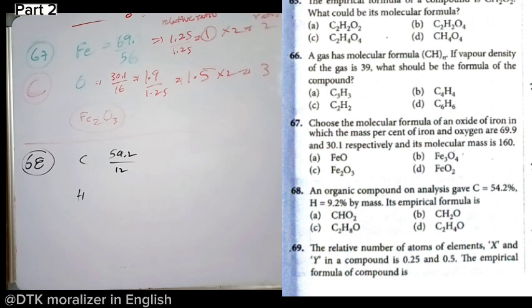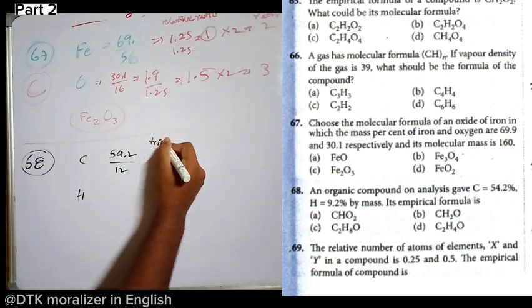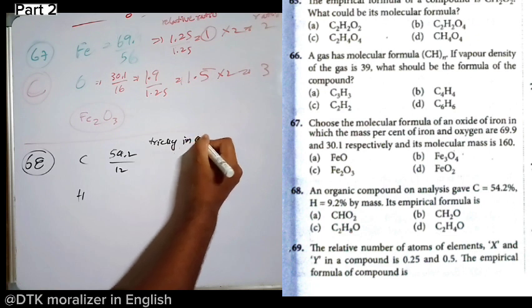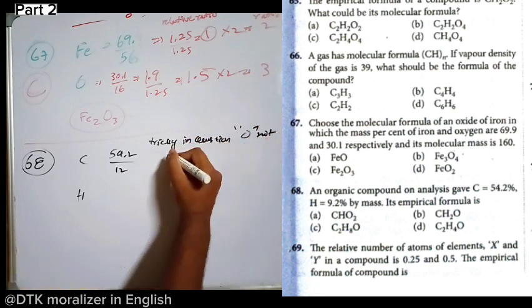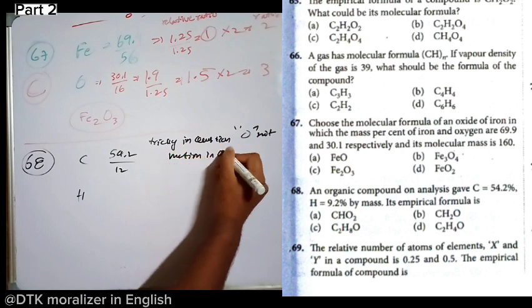It is 54.2 by 12. Hydrogen is 9.2 by 1. Here as you can see, the trick in the question is that oxygen is not mentioned.